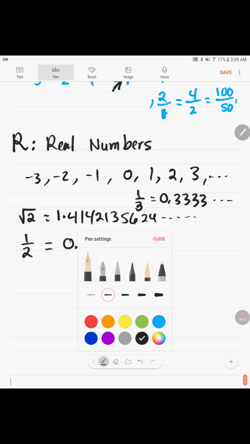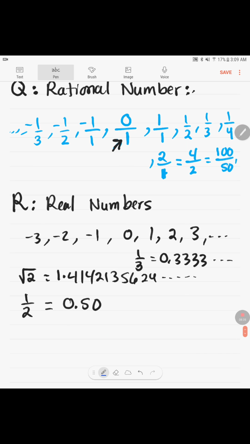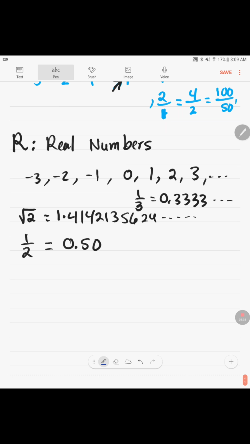Okay, so the next set would be very logical, which is irrational numbers. Irrational numbers are defined as those numbers that are not rational. Irrational numbers are represented by the letter I. So they're not rational.